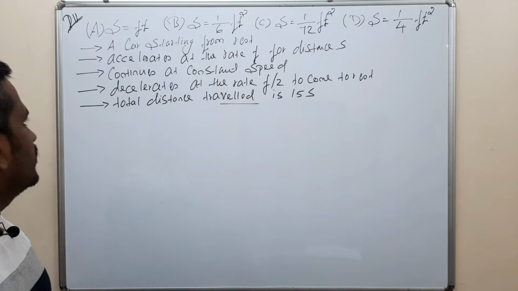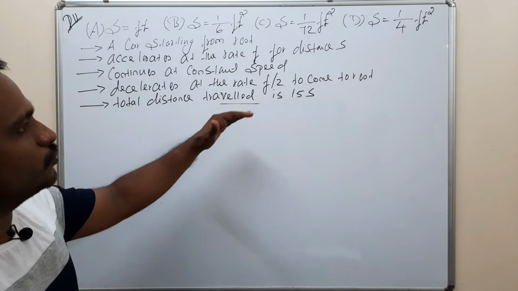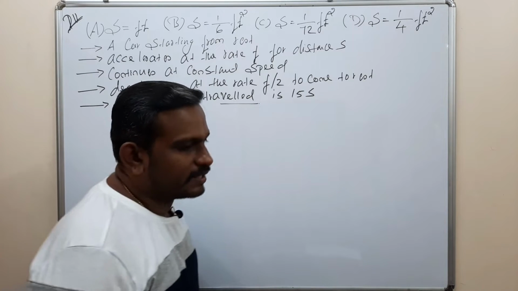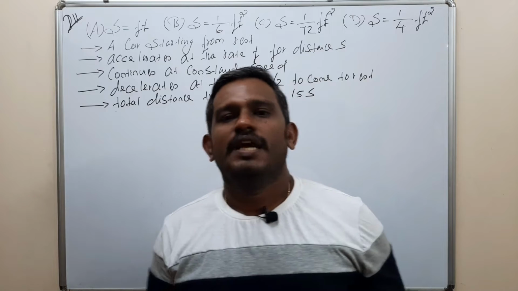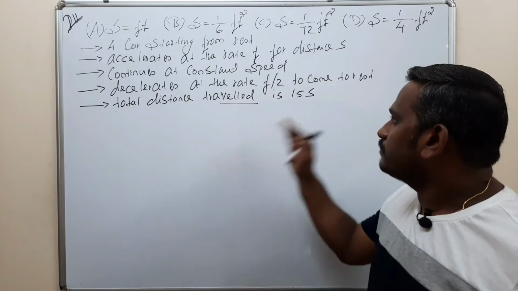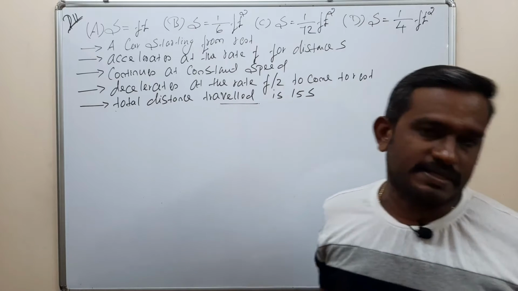After that the car starts to decelerate at the rate f by 2 to come to rest, with a constant deceleration f by 2, and finally the car comes to rest. So the total distance travelled is 15s.